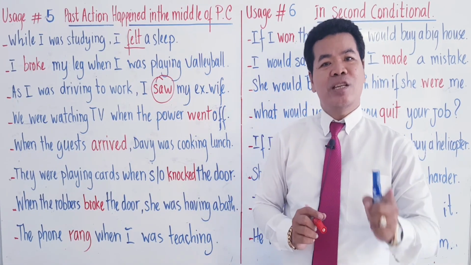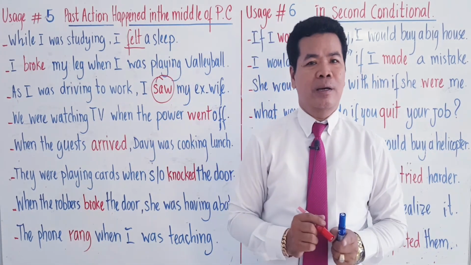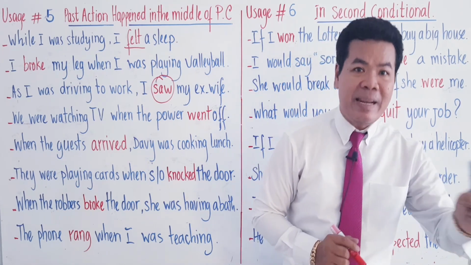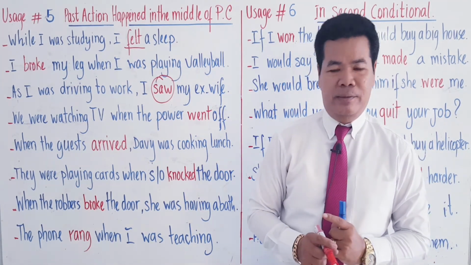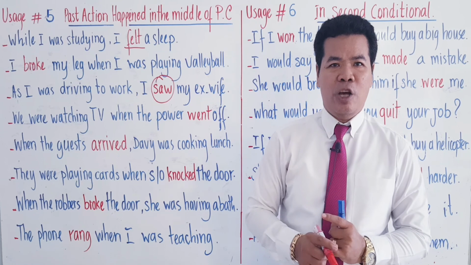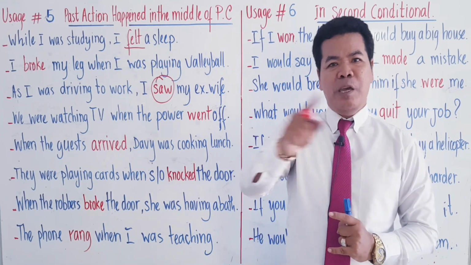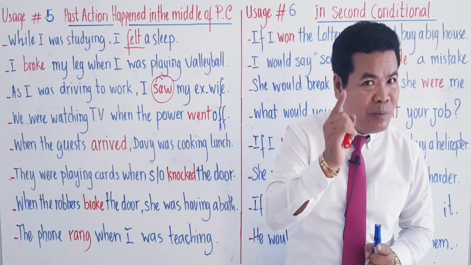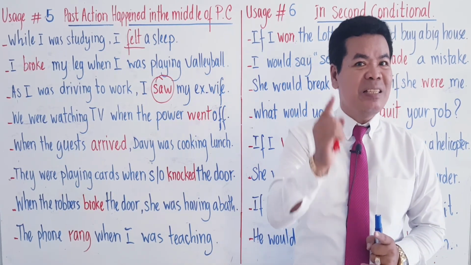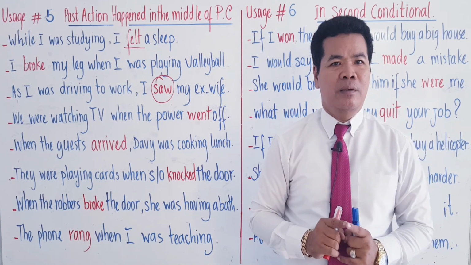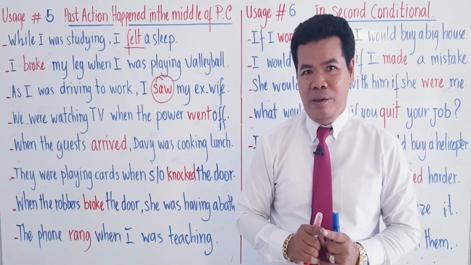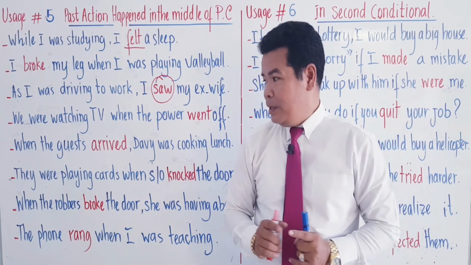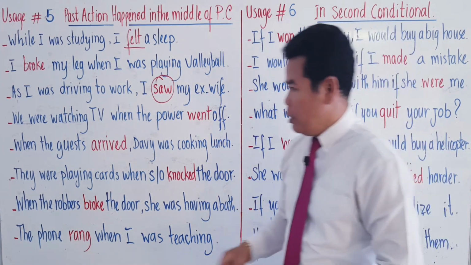So the action someone knocked at the door happened in the middle of the other action, playing cards. So people were playing cards, and then one more action happened in the middle of it. We use past simple: someone knocked at the door. Understand? Let's go to the next one.